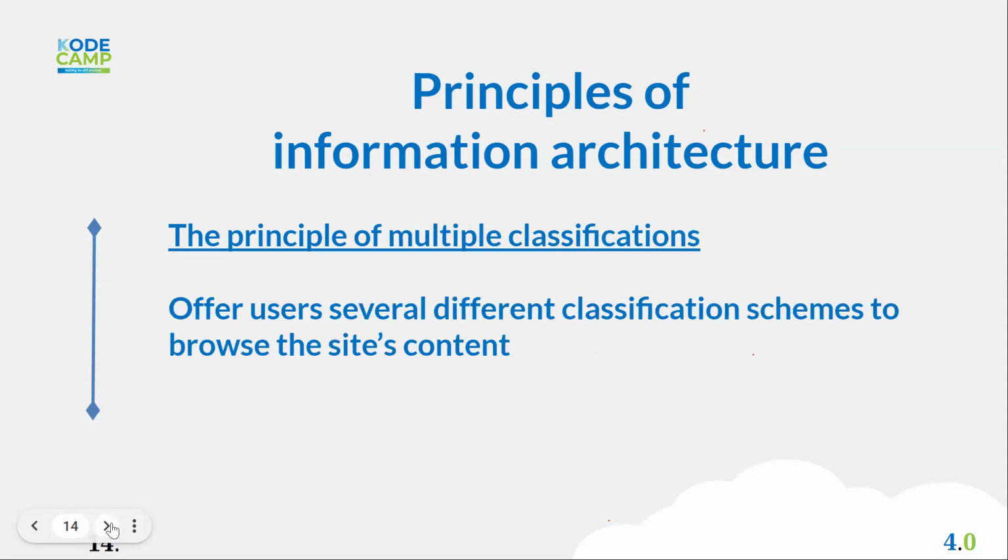And then you have principle of multiple classification. Offer users several different classification schemes to browse the site content. Most times the kind of content you put out there is not really how people identify objects. For instance, I can be looking for a trouser online and I go to a platform, I'm typing trouser.